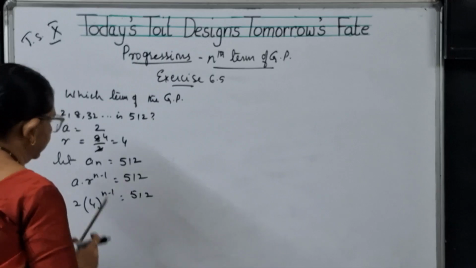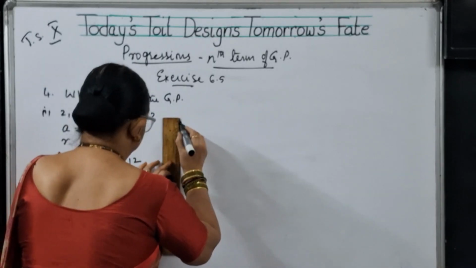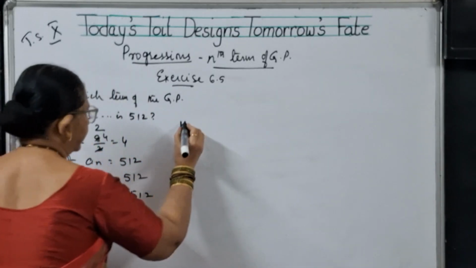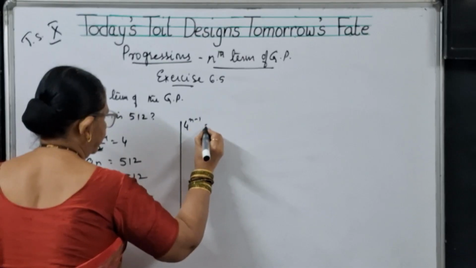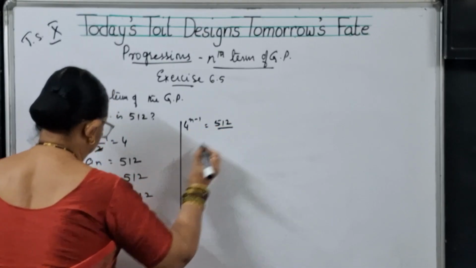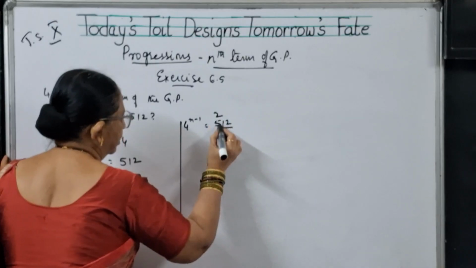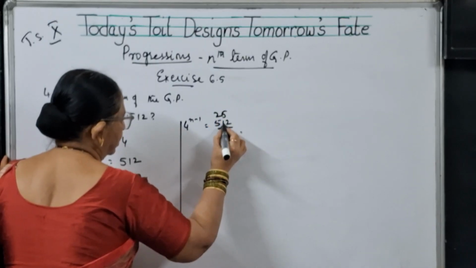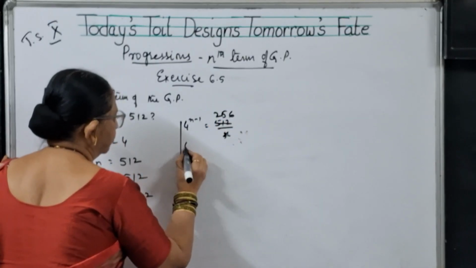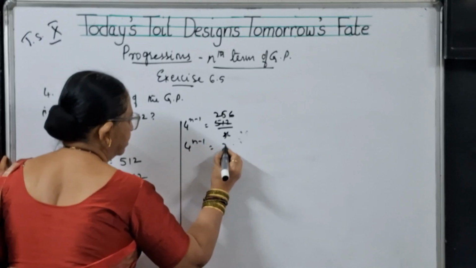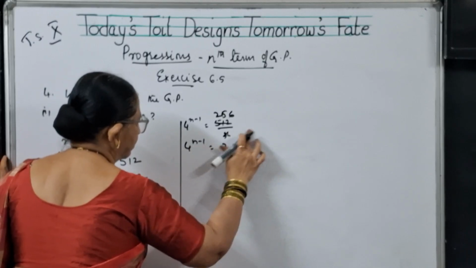So what can I do here? 4 to the power of n minus 1 is 512 divided by this 2. 2 2s are 4, 2 5s are 10, 2 6s are 12. So 4 to the power of n minus 1 is 256.